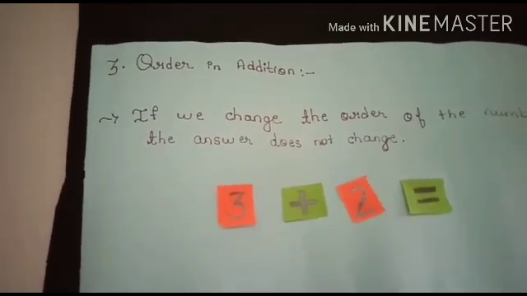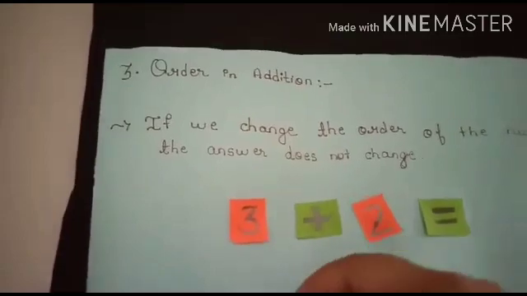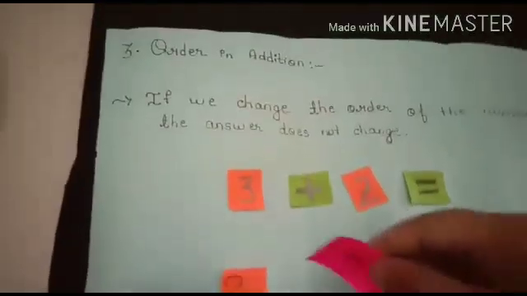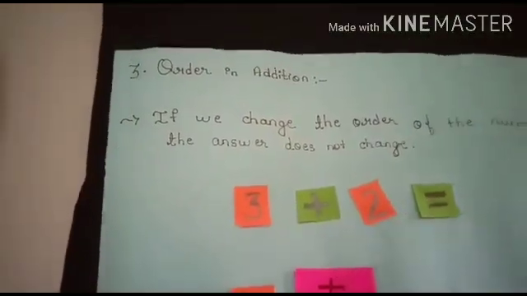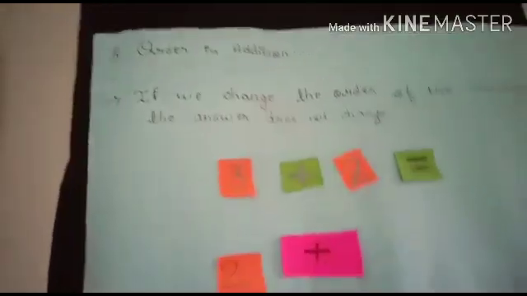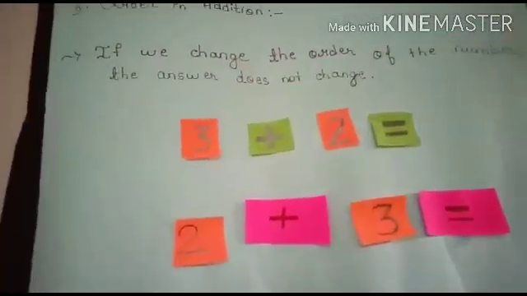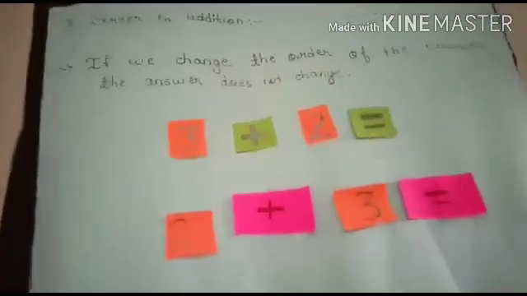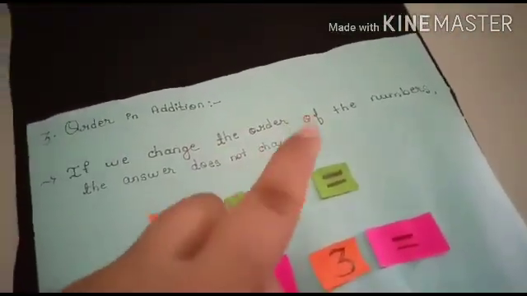But now what we'll do? We will take 2 as our origin and plus 3 will be our addend and equal to. Now do you think, children, the answer will be the same or different? Let us find out. So first one, 3 plus 2.